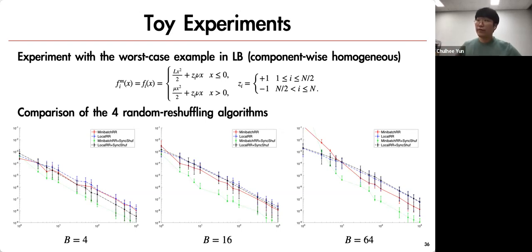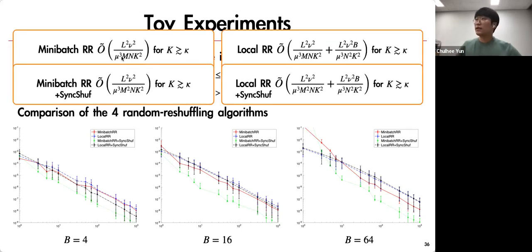What we can notice first is that the performance of local mini-batch random reshuffling and local random reshuffling are similar when B is small. However, the performance of local random reshuffling degrades when B becomes large.